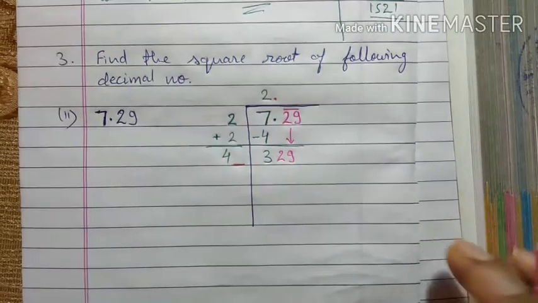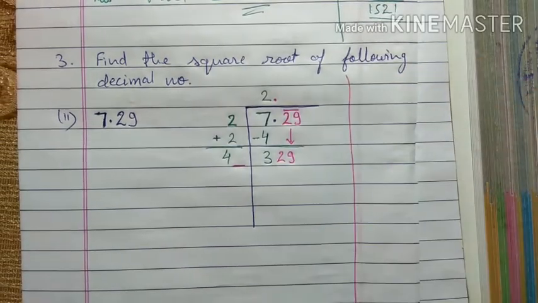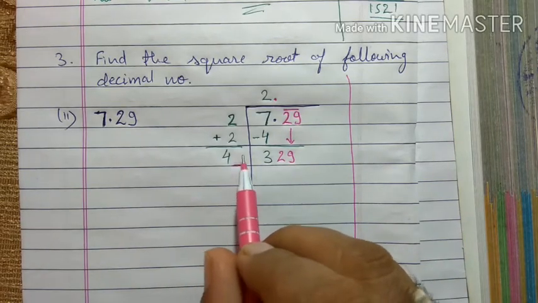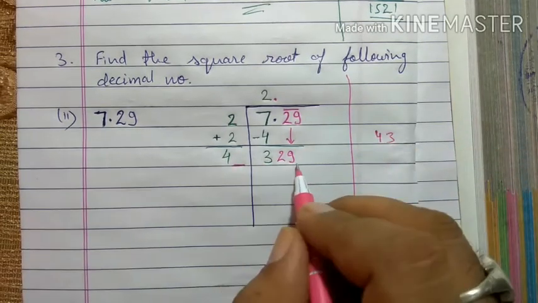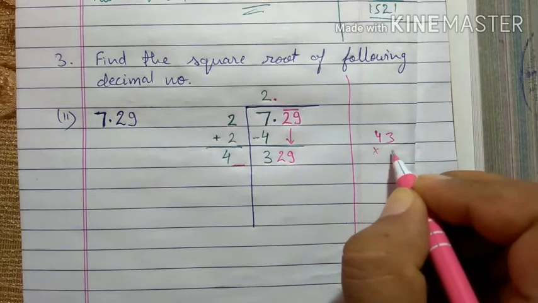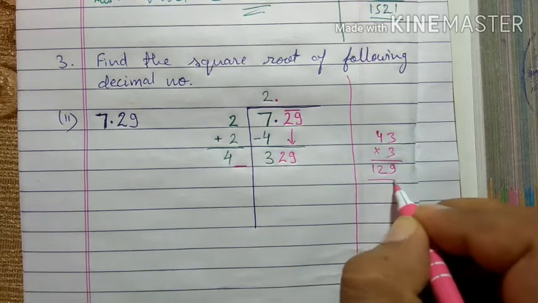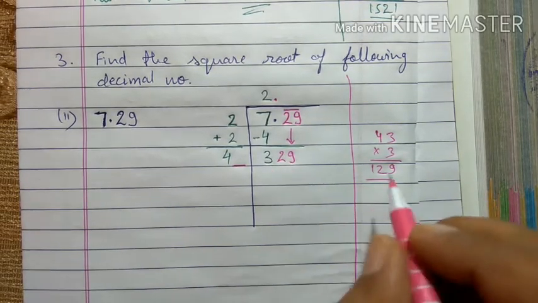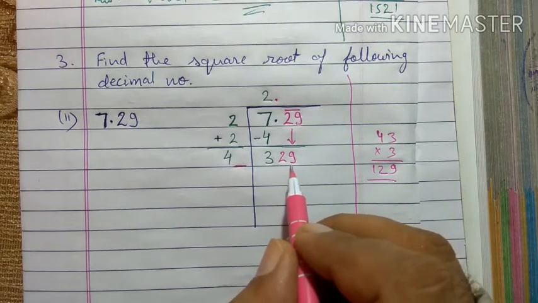For that we have to do some rough work. If we take 3 here, because 3 3s are 9, the last digit is 9. So 43 into 3: 3 3s are 9 and 3 4s are 12, so 129 is much smaller than 329. Next, if we take 7, because 7 7s are 49, the last place is 9.